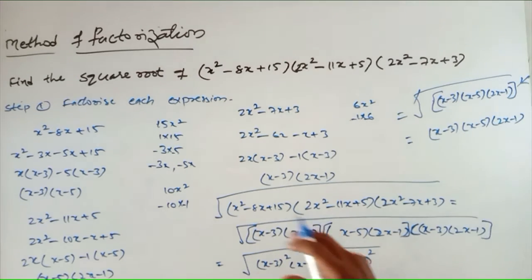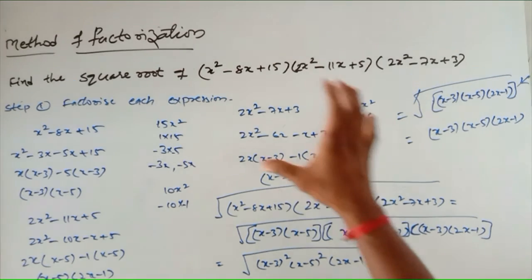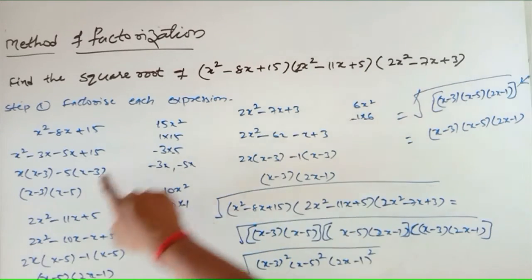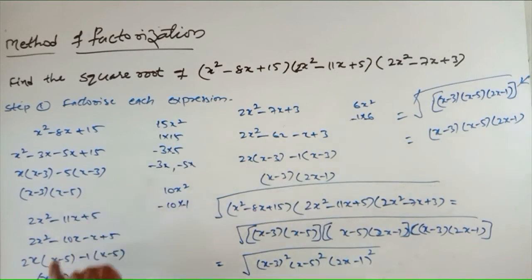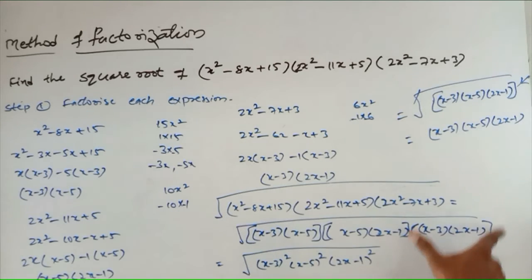So by this method we are going to get the square root of x square minus 8x plus 15 into 2x square minus 11x plus 5 into 2x square minus 7x plus 3. First I am going to factorize each and every term. Now the first term's factors are x minus 3 into x minus 5, the second term's are x minus 5 into 2x minus 1, and the third term is x minus 3 into 2x minus 1. Now I am going to find the square root.